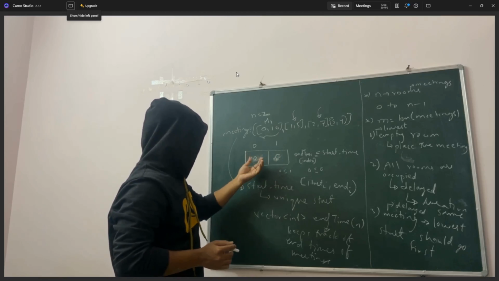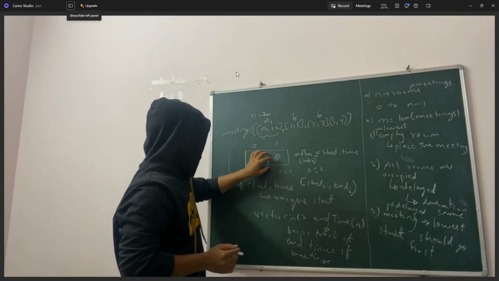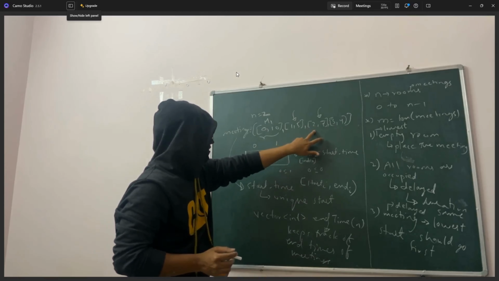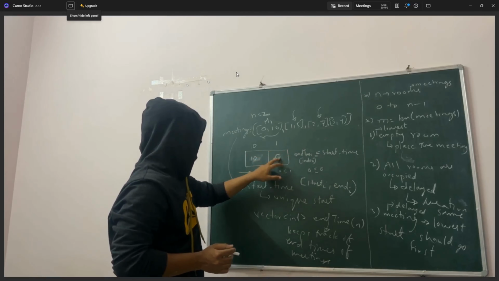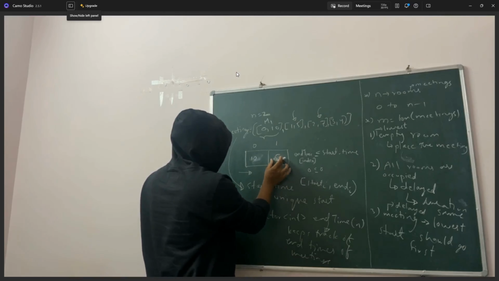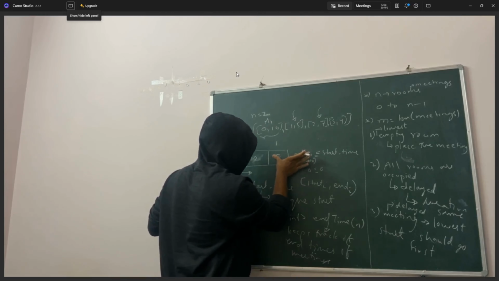So whenever you see in the array that all rooms are occupied, you try to see whichever has the lesser end time. So this has the lesser end time. So this meeting will occupy here. Why? Because all rooms are occupied, and whichever has the lesser end time is going to be freed. So this will be freed at 5.